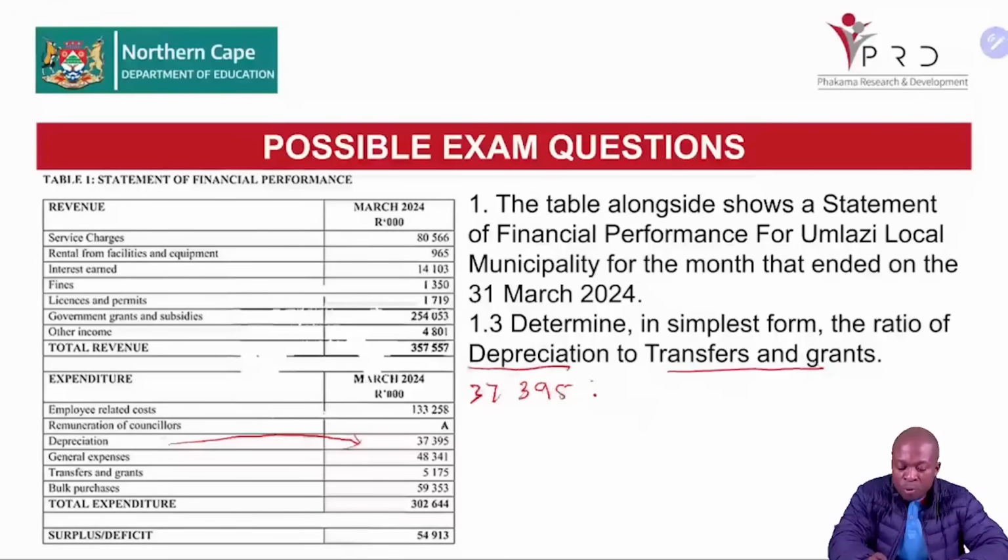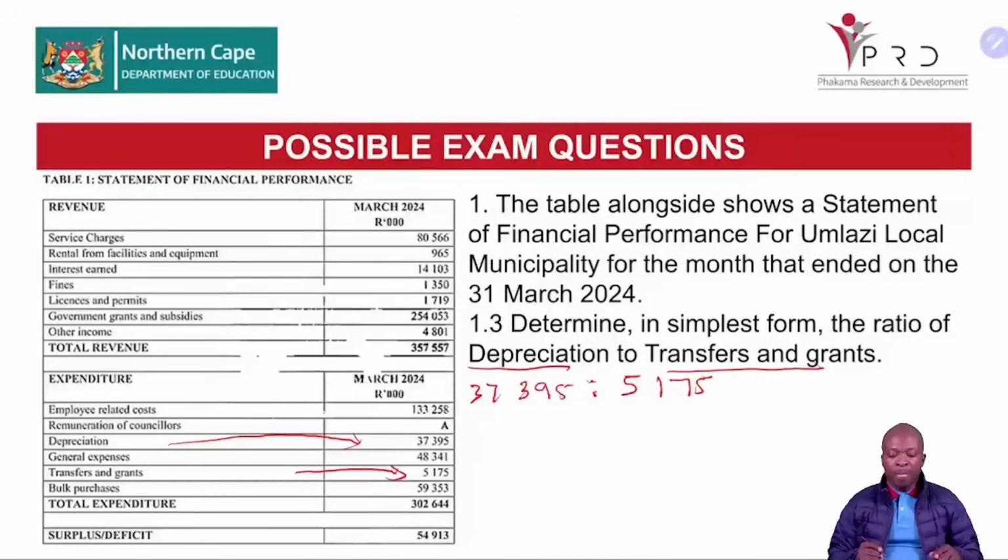Then you put your 2 dots. Okay, 37395, you put your 2 dots. What's the next one? Transfers and grants, this one. So it's going to be 5175.